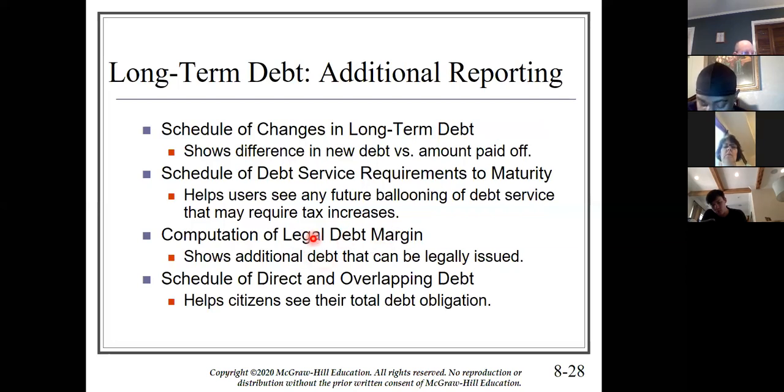So I would have called this a debt limit analysis to find out whether they would be able to. Direct and overlapping debt. Takes all of the debt and puts it in one dashboard so people can see all of it.